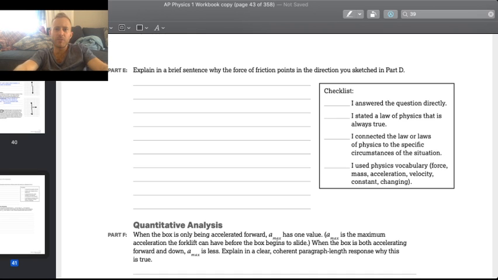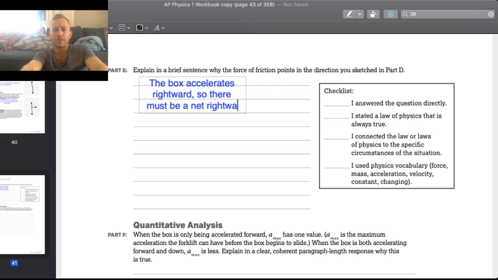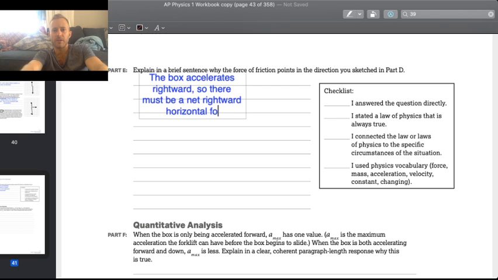Explain in a brief sentence why the force of friction points in the direction you sketched in part D. I would say something like, the box accelerates rightward, so there must be a net rightward horizontal force on the box.